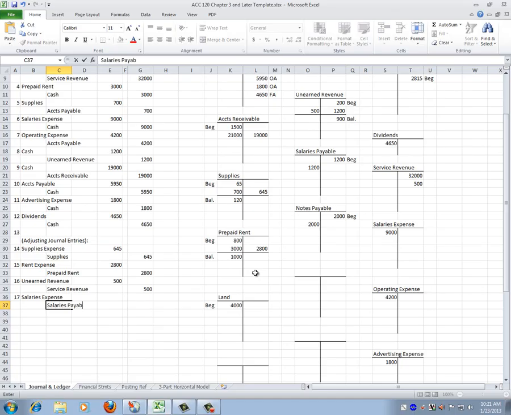We also owe them this much more wages for now at year end, so let's record the salaries expense with that left side entry called debit, as we always record expenses with, and let's increase the salaries payable liability with the right side entry called credit.